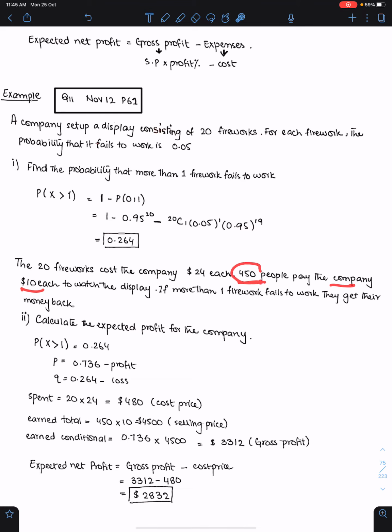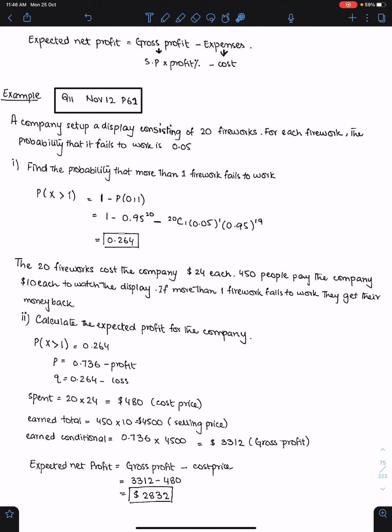This will give you ideal gross profit. If more than one firework fails to work, they get their money back. So probability of loss is this. Calculate the expected profit for the company.